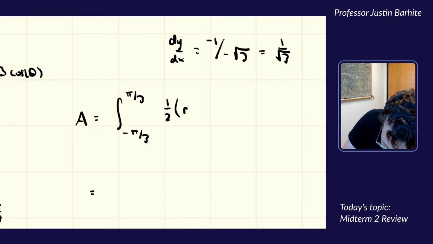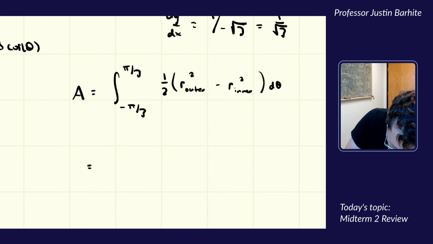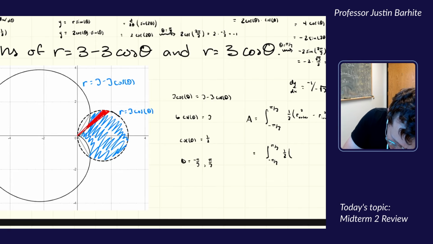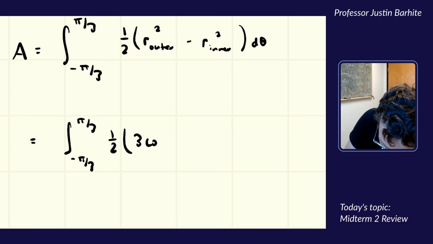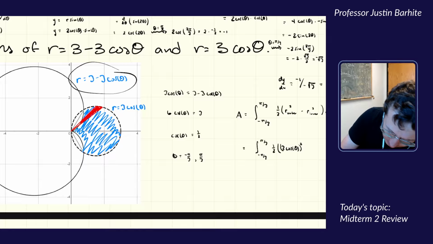I do the outer r squared and I subtract the inner radius. So the outer one is 3 cosine theta. And the inner one is 3 minus 3 cosine theta.